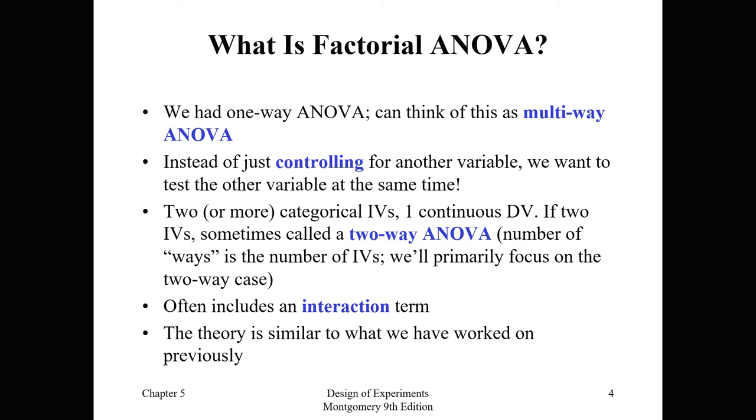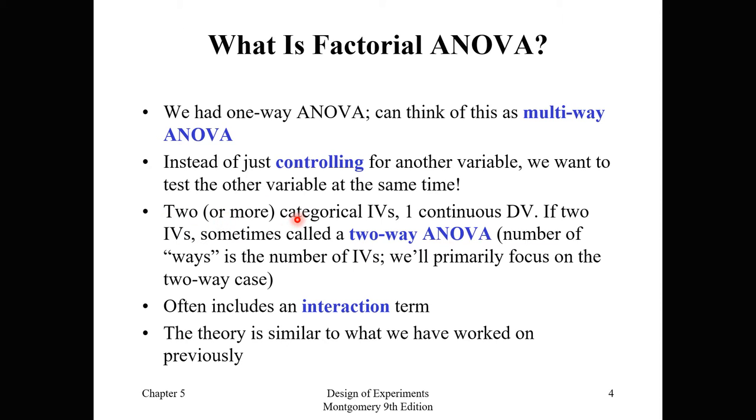Now, instead of just controlling for another variable like we did in the randomized complete block design, in this case, we actually want to test the other variable at the same time. So we're not just having a single control variable. Again, randomized complete block design, we looked at a control variable that we were accounting for. But in this case, we're actually interested in both of the different factors.